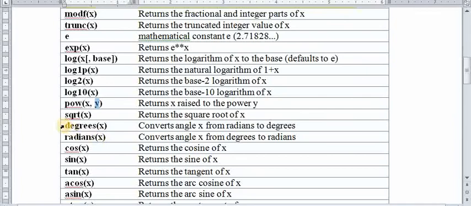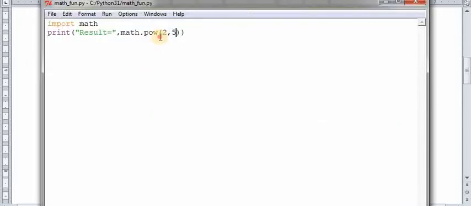So the next function is sqrt, square root. It will find the square root of the given parameter. It's so simple. Here you have to write sqrt, for example, I am finding the square root of 100. Obviously it will be 10.